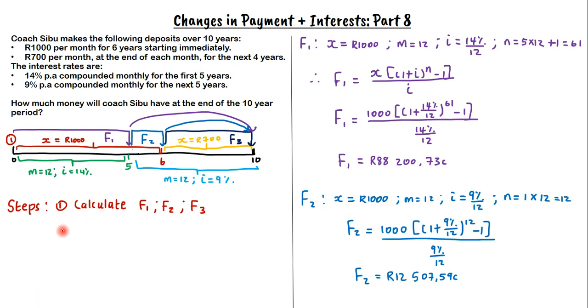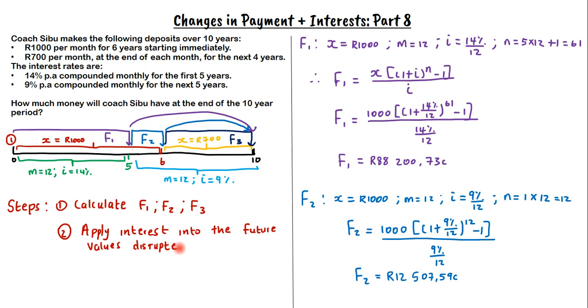Now the second step is we're going to apply interest into the future values, the future values that were disrupted.